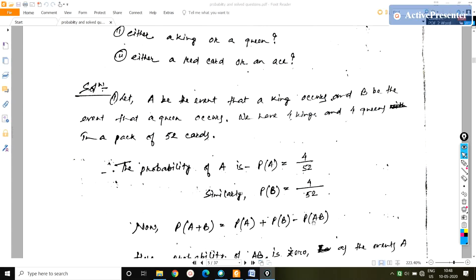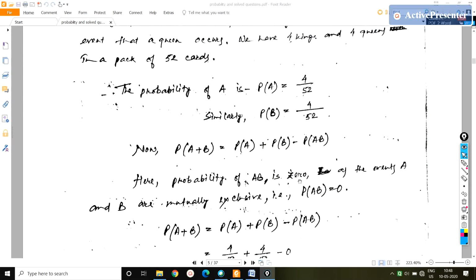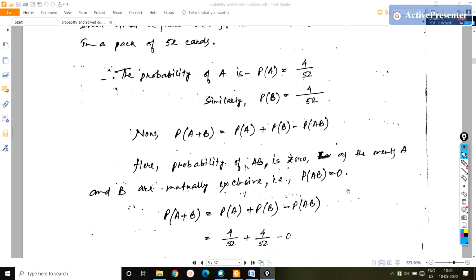Here in this case you see that the probability of AB is 0, that is, the events A and B are mutually exclusive, because when you get a king then you can't get a queen or vice versa.